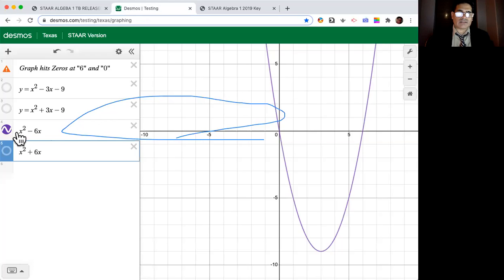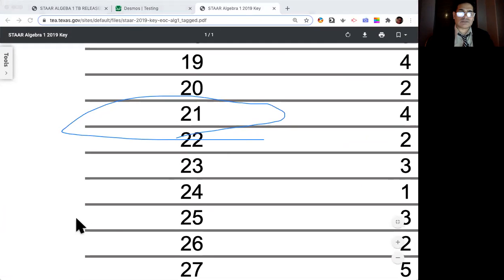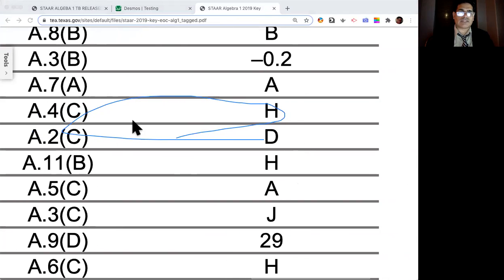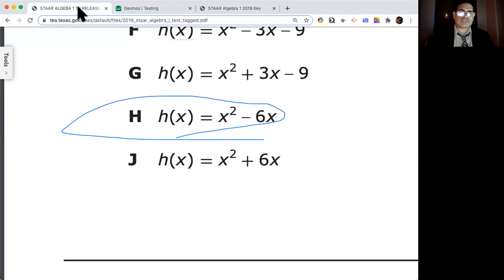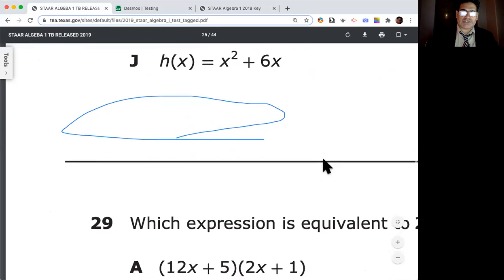All right, yeah. Our answer is 28. Okay, H. Thank you, Desmos. We did it again. Let's just move on to the next one because we're running out of steam here.